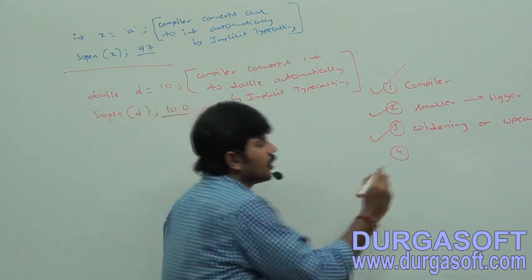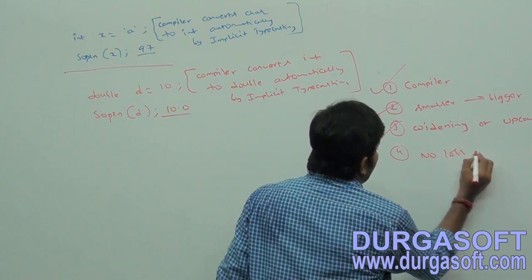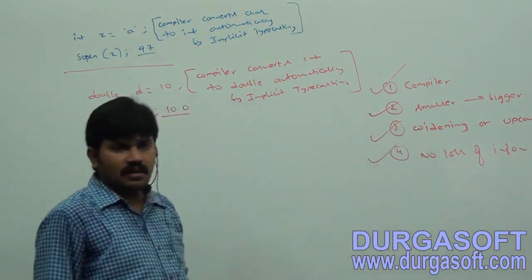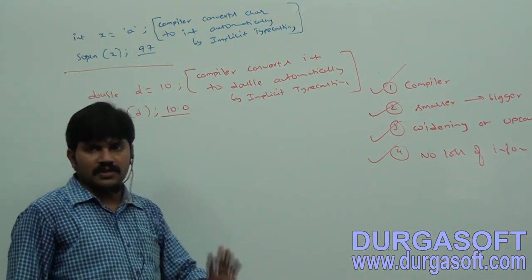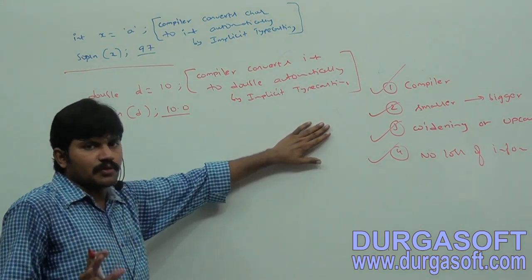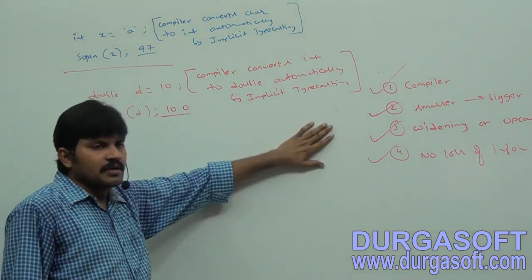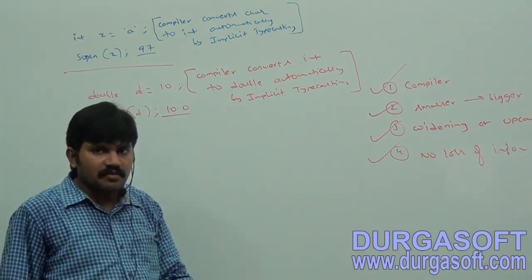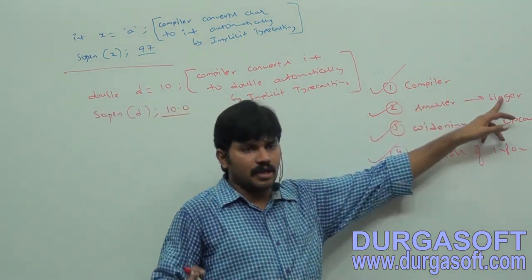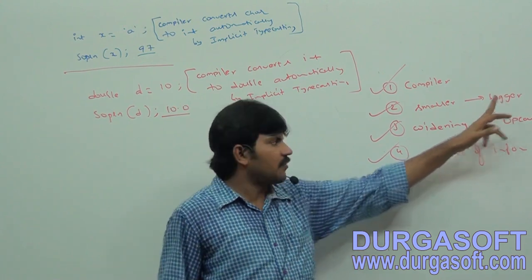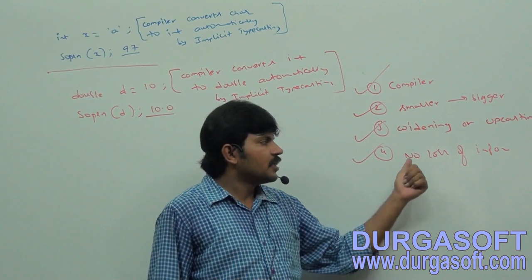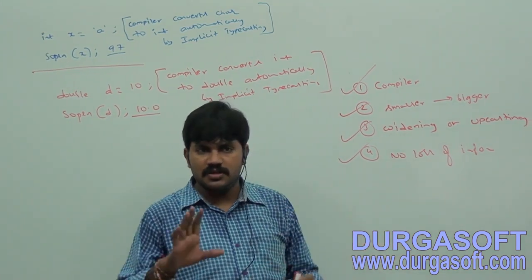So who is responsible to perform implicit typecasting? The compiler. When is it required? Whenever we assign a smaller data type value to a bigger data type variable. It is also known as widening or upcasting. And there is no loss of information in this typecasting.